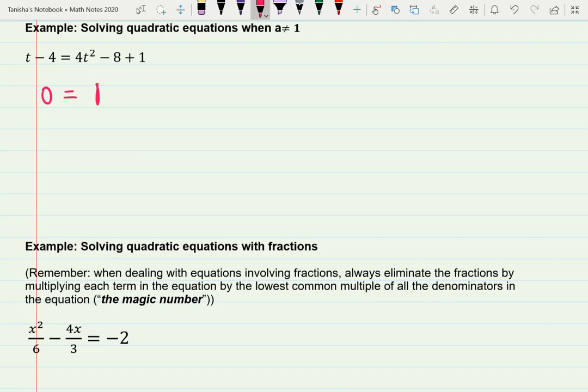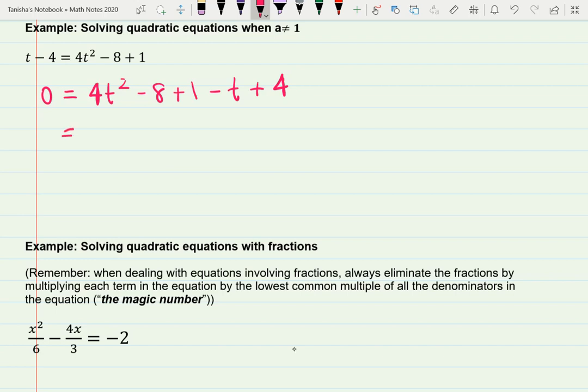We have 4t squared minus 8 plus 1 minus t plus 4. So whatever you're moving to the opposite side of the equation, you have to change the signs. So whether you move your terms to the left side or to the right side, it doesn't matter as long as the equation is set equal to 0 on the left or on the right.